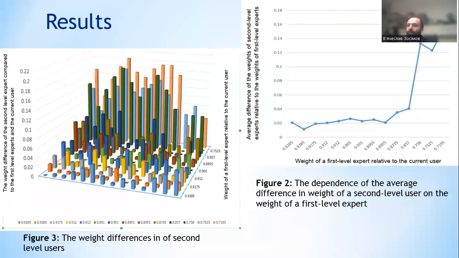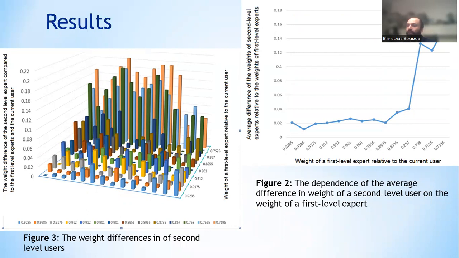To develop a methodology for considering the weight of second-level experts in ranking, it is necessary to choose criteria for assessing the ratio of the weight of second-level experts to the current user, expressed through the weight of the first-level expert.